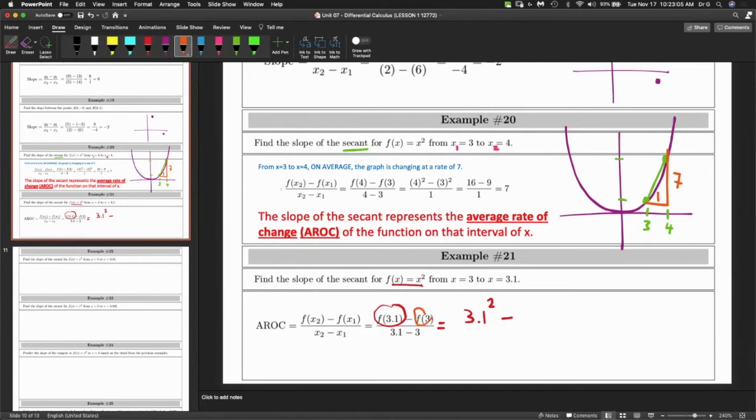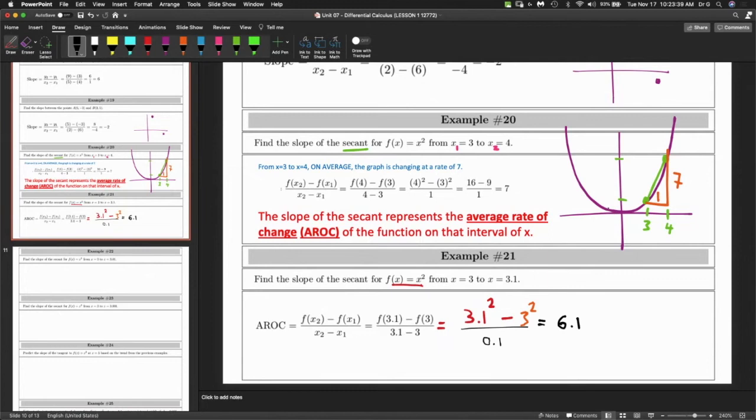And then if you put f of 3, yeah, that's better. So that's equal to 3 squared. And then the bottom is easy. The bottom is just 0.1. So if you simplify that, you're going to get 6.1. That's good work.